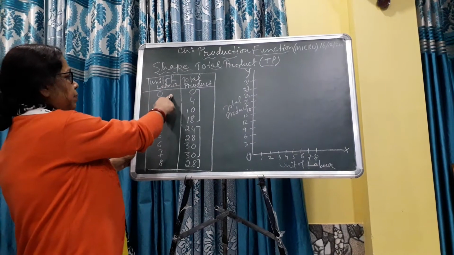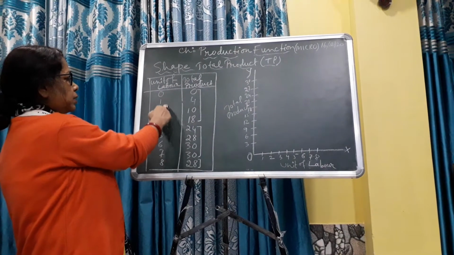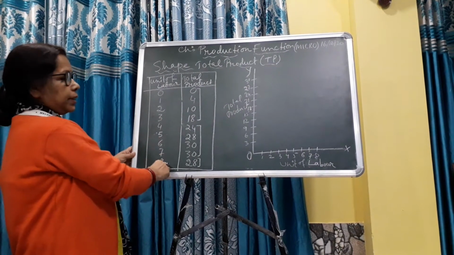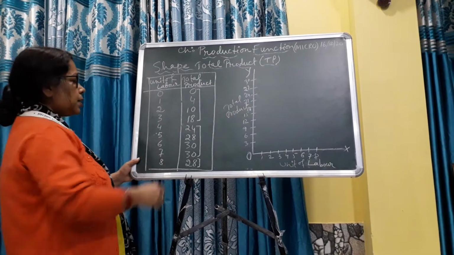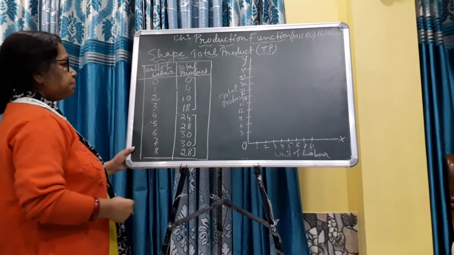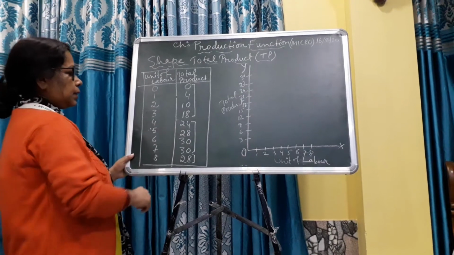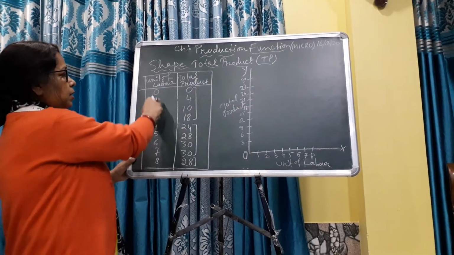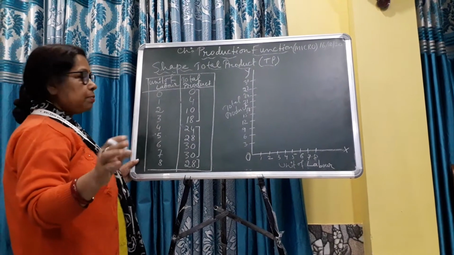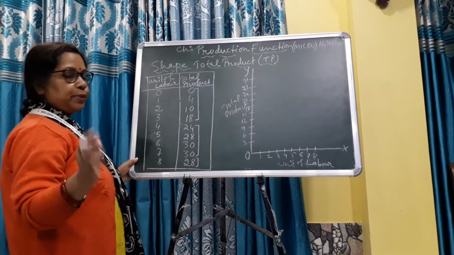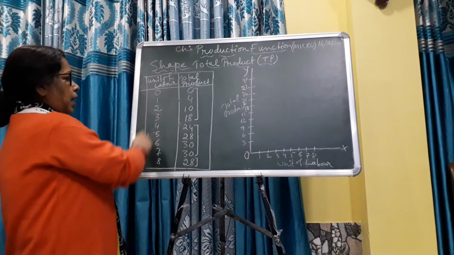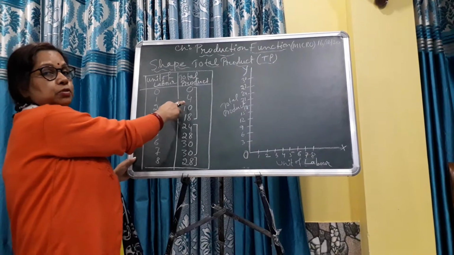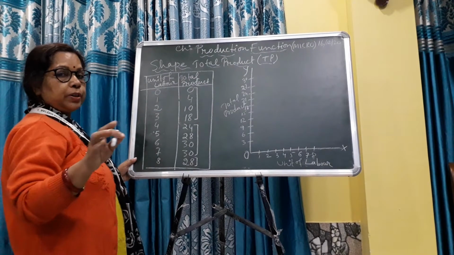The units of labor are 0, 1, 2, 3, 4, 5, 6, 7, 8. So total labor is 8 laborers here. For 0 units of labor there is no labor, so no production. 1 labor produces 4 units of a commodity.